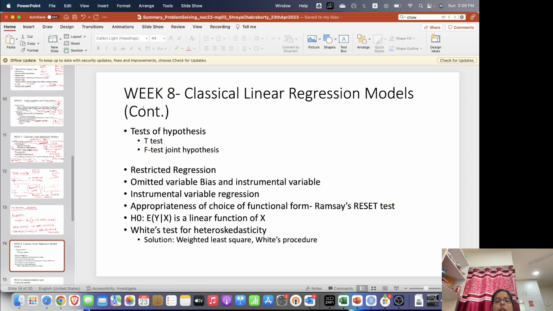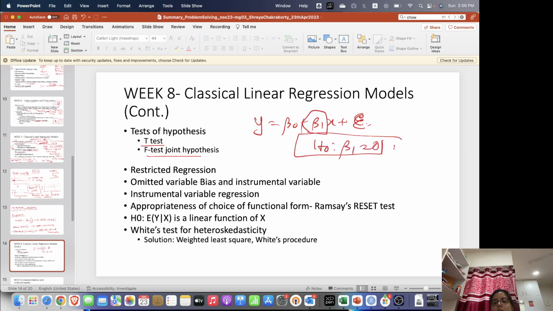Alright, so in week 8 we conducted tests of hypothesis like the t test or F test for joint hypothesis. Suppose we have a model like this, then testing H naught beta 1 equal to 0 is the t test that we can also obtain from our summary model command, if you remember. Yesterday I also showed how we can get the restricted regression, unrestricted regression framework.